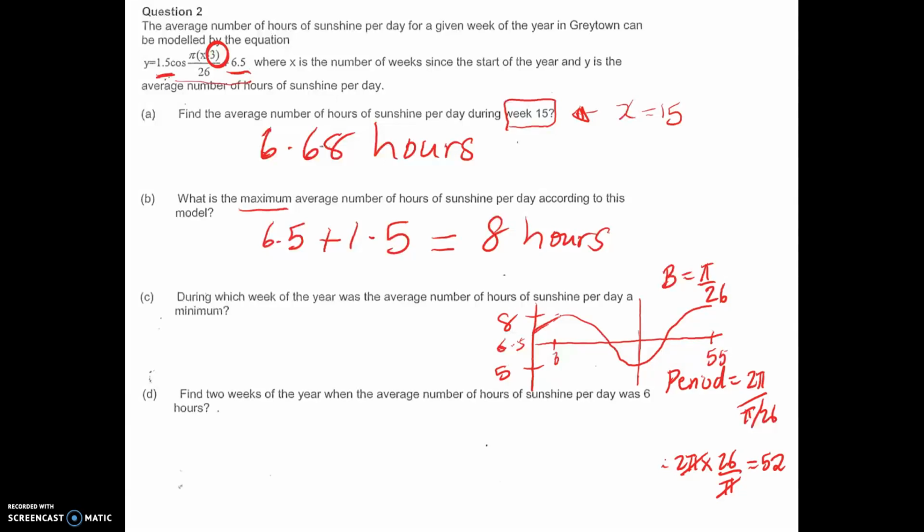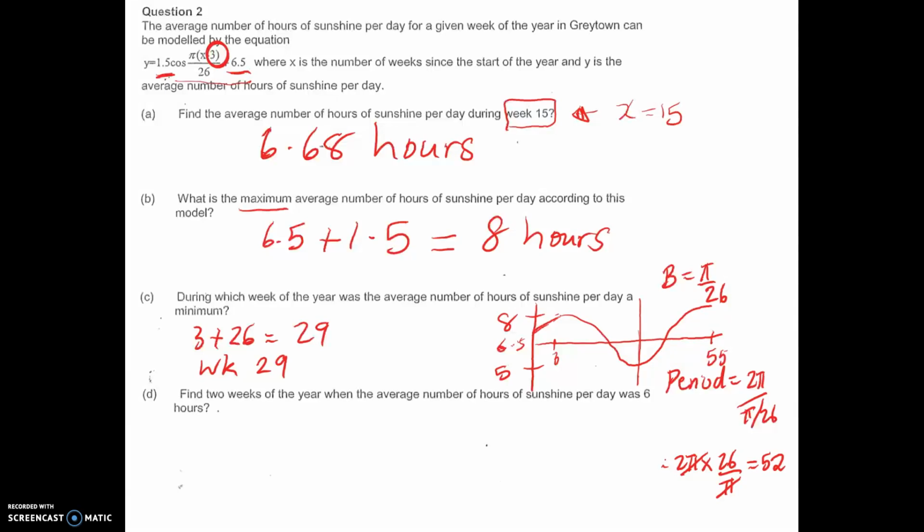One, you know the period is 52, so you can just do 3 plus half the period, which is 26, or you can find the midpoint of 3 and 55. The easier thing to do is just add half the period from 3. So 3 plus 26, 29 is the answer. So week 29 is when you have the minimum.